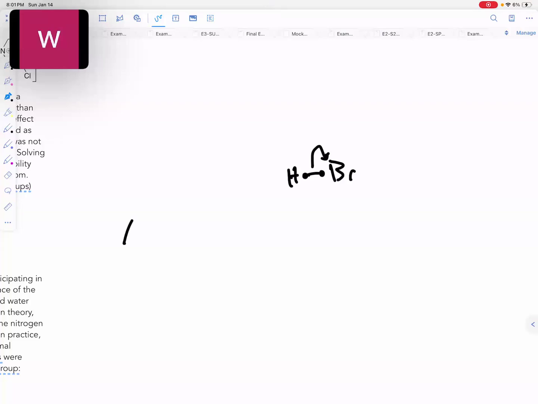We had some kind of alkene. This alkene acted as a good source of electron density, picking up that hydrogen, or rather a proton, because the electrons between hydrogen and bromine are now being donated to bromine.